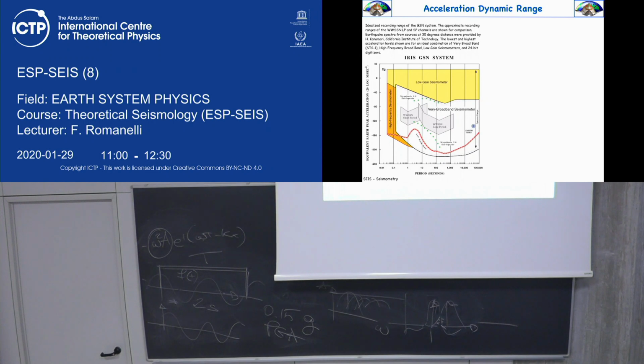At that time, the WWSSN was able to cover this range of periods and this range of amplitudes. Look again at the definition of amplitude relative to a basic one using decibels. If you remember, we used the original decibel definition like that. I hope you do remember.